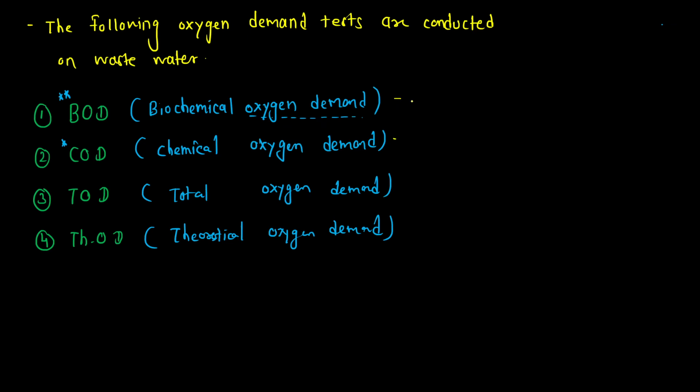So in the BOD there is oxidation of only biodegradable organic matter. Okay, so only biodegradable organic matter oxidation is done in the BOD, that is, it is the amount of oxygen required for the oxidation of biodegradable organic matter.